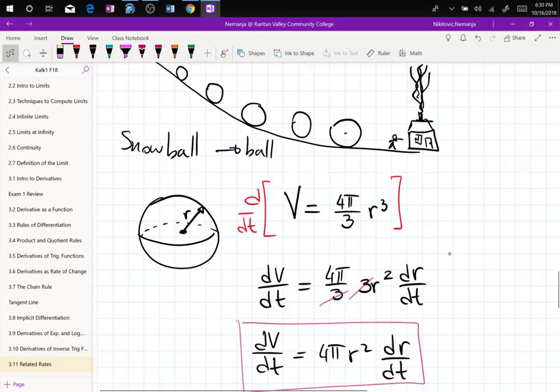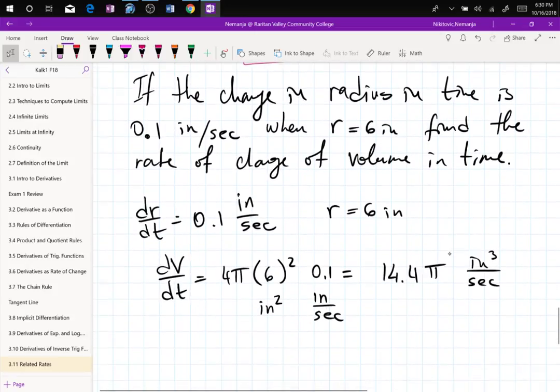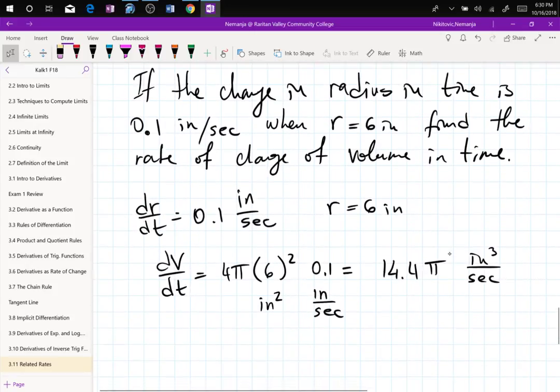The radius gets bigger, the snowball gets bigger, and in time we can measure the change in radius and change in volume. They're related through this formula, and then I just added some words and numbers to practice one of those.